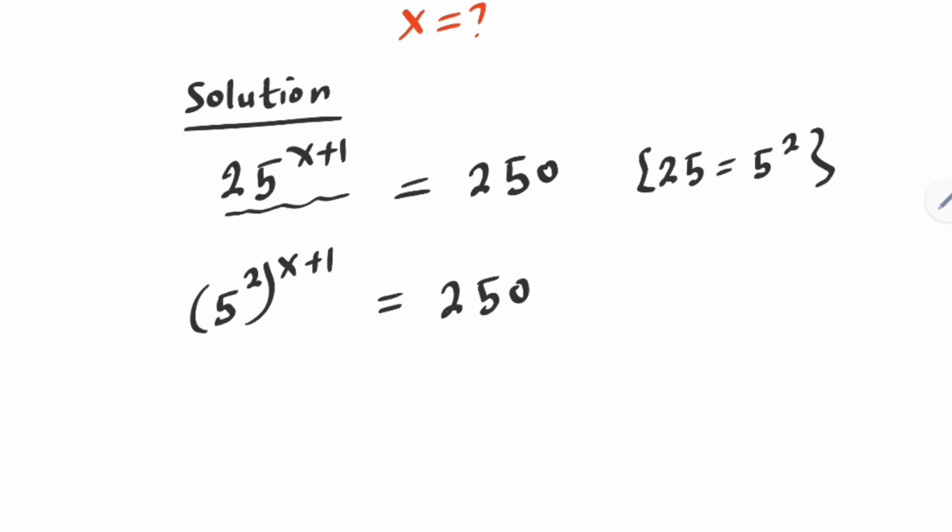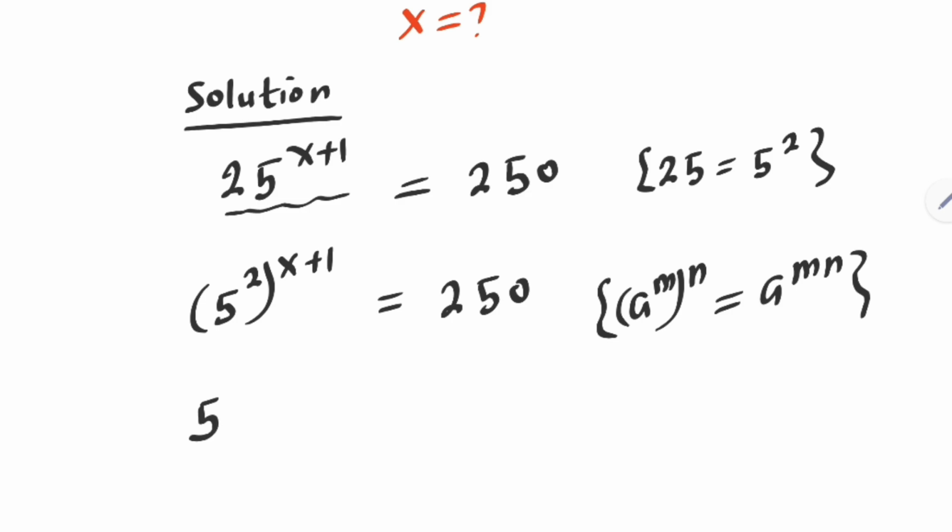Take note of this, that if you have a raised to power m to the power of n, this is equal to a raised to power mn. Then here we have 5 raised to power 2 multiplied by x plus 1, 2x plus 2 multiplied by 1, 2, is equal to 250.